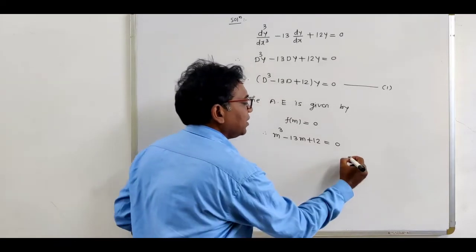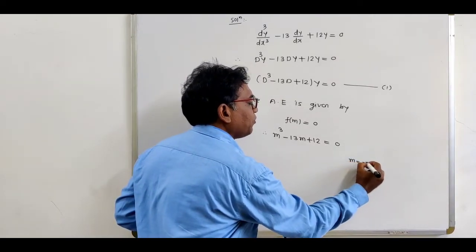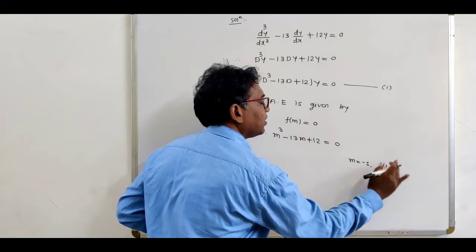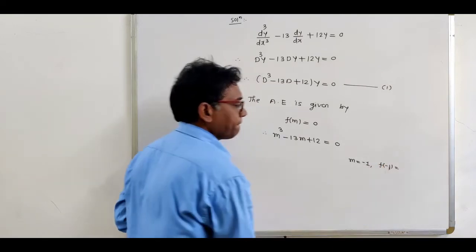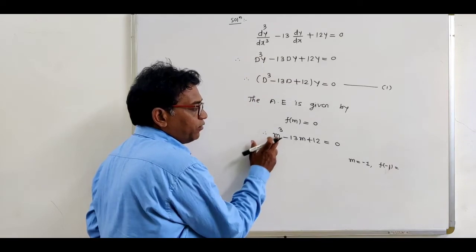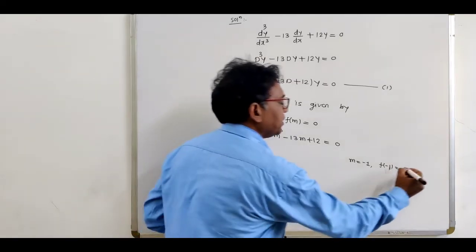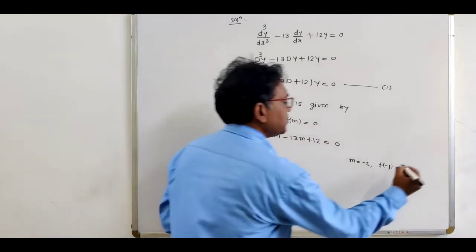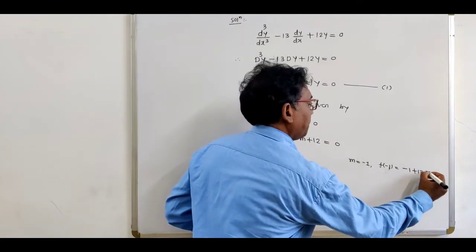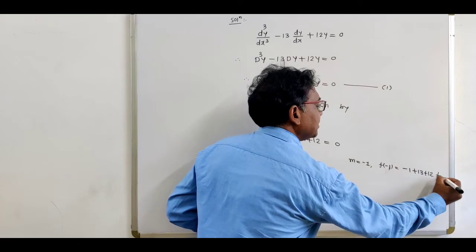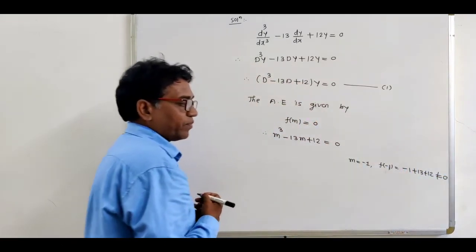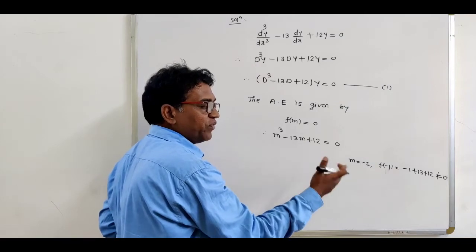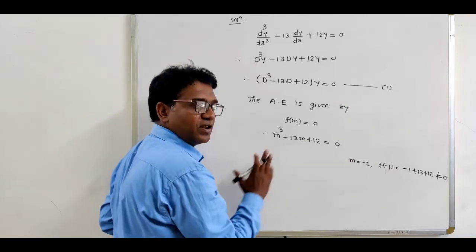Now first of all, if you put suppose m equal to minus 1, then what is this functional value f(m), or what is this f of minus 1? Put m equal to minus 1, so minus 1 cube, this is minus 1. Then 13 plus 12, so obviously this is a non-zero value. So if you put m equal to minus 1, we get a non-zero functional value.